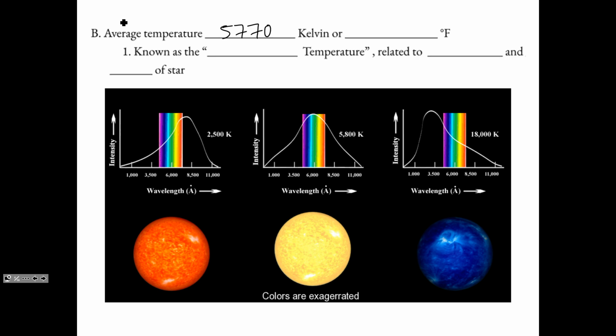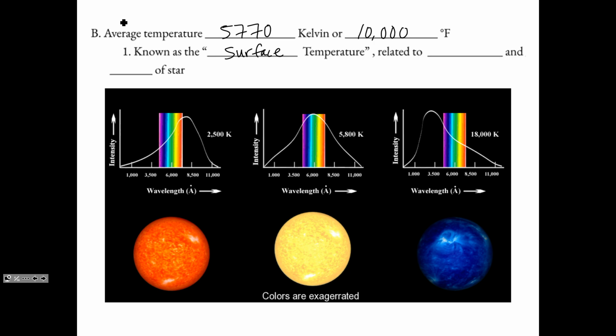But I'm going to translate to Fahrenheit. That's about 10,000 degrees Fahrenheit. So it's pretty hot, right? This temperature, this 10,000 degrees Fahrenheit, is known as the surface temperature because it is the temperature of the photosphere, which we consider to be the quote-unquote surface.